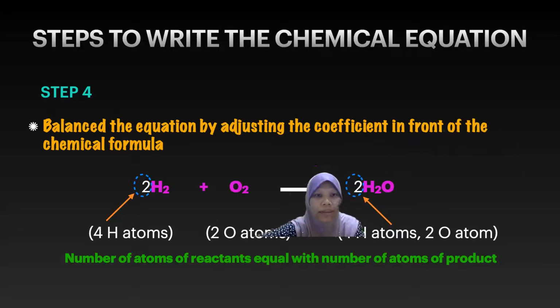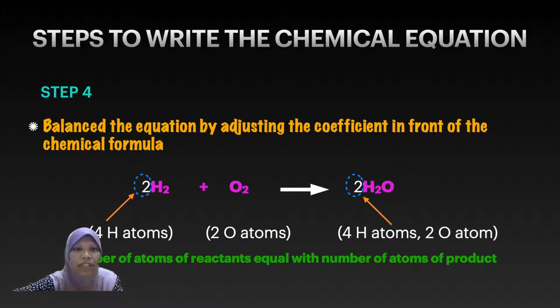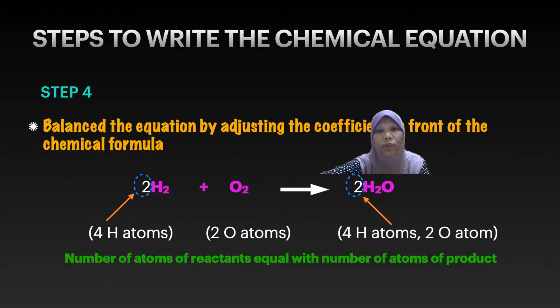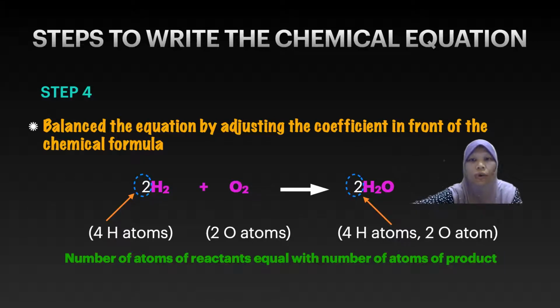So for example, we have the hydrogen. Suddenly there is number 2 in front of hydrogen and also number 2 in front of H2O. Let me show you how. When you look at the first equation, which is H2 plus O2 become H2O, we know that it is not balanced.